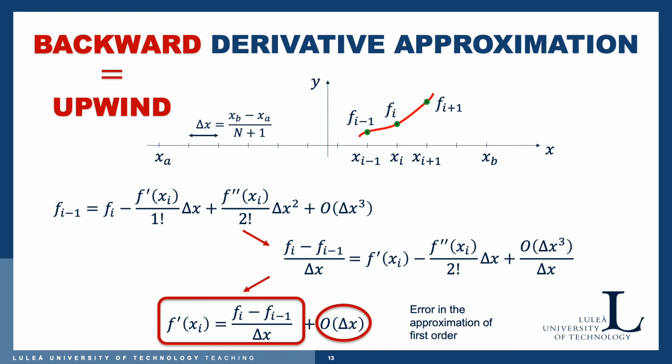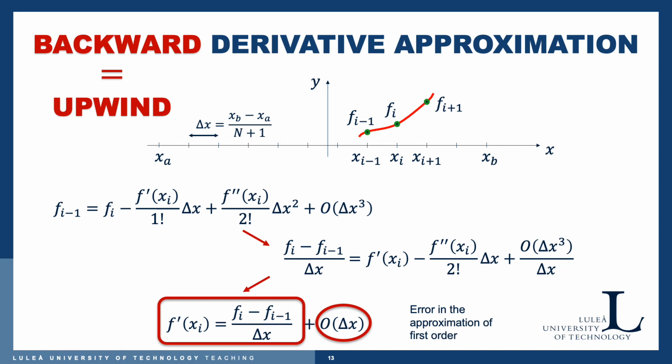Similarly, we can obtain a backward derivative approximation, also called upwind derivative approximation, by considering the Taylor expansion for the function at the point x_{i-1}.